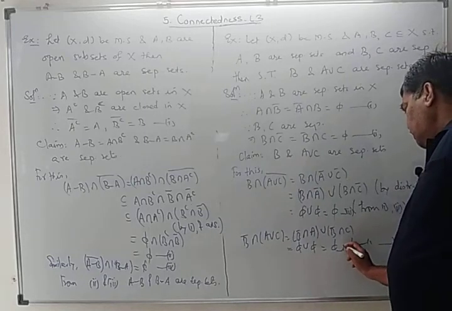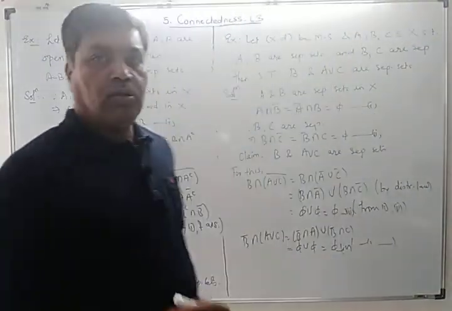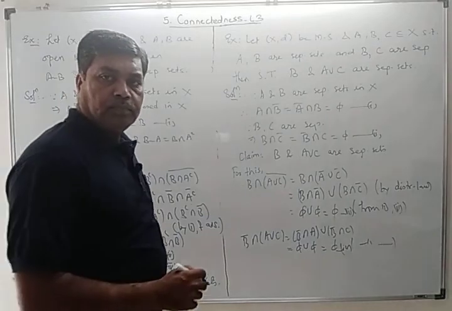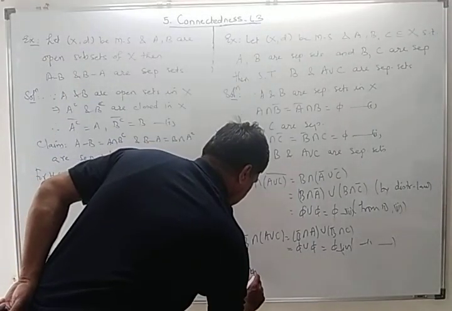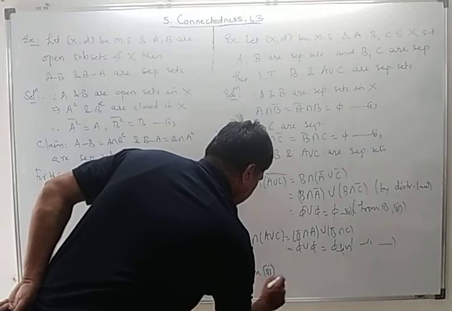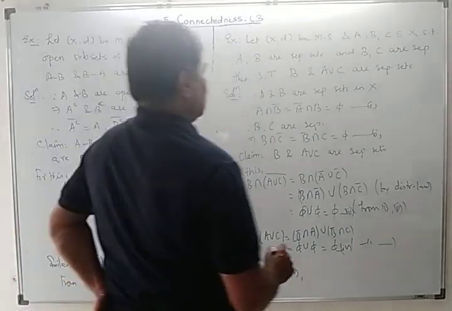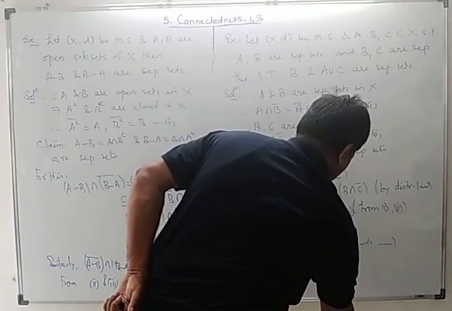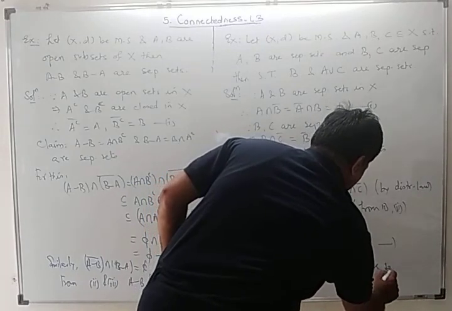This is your 4. From 3 and 4, B and A union C are separated sets.